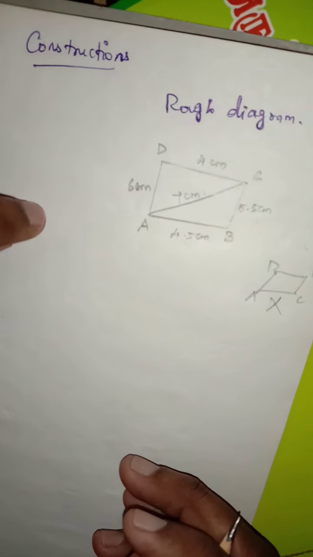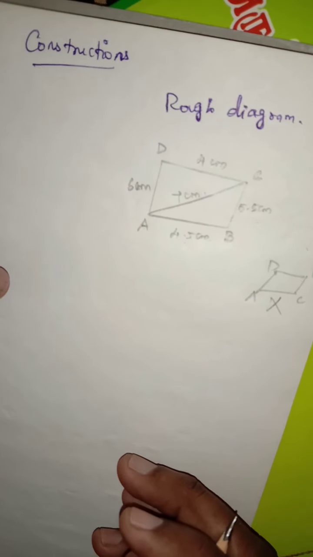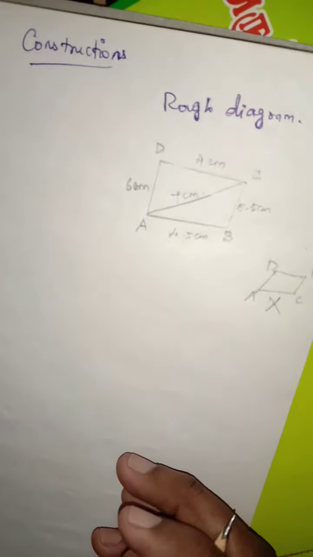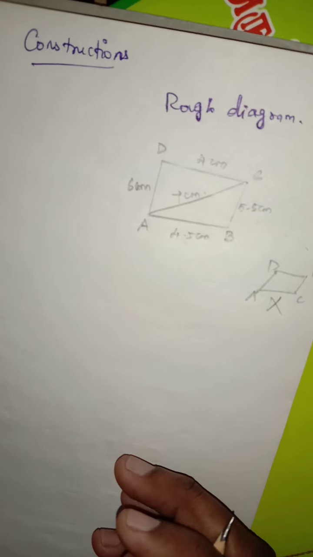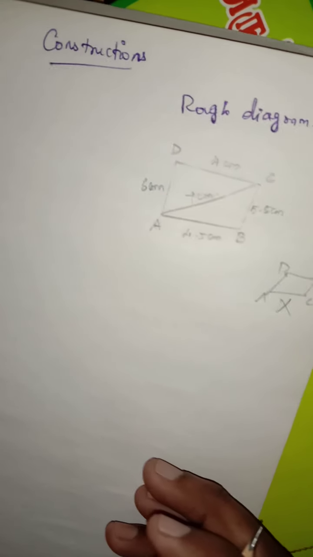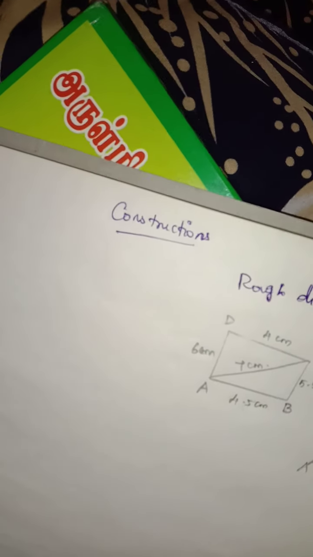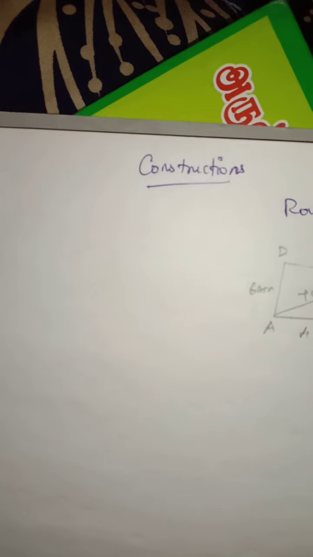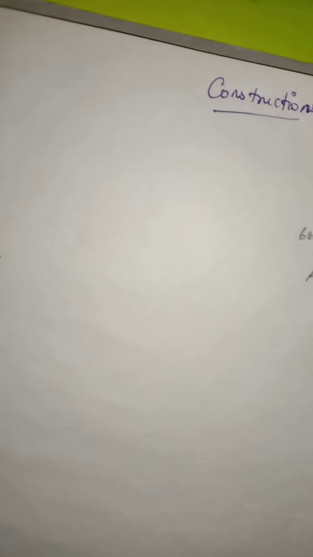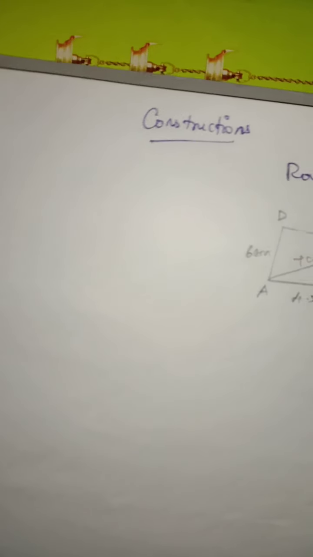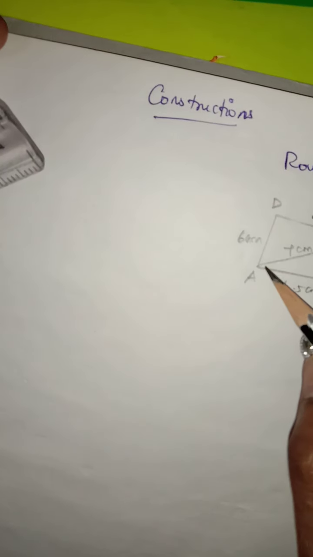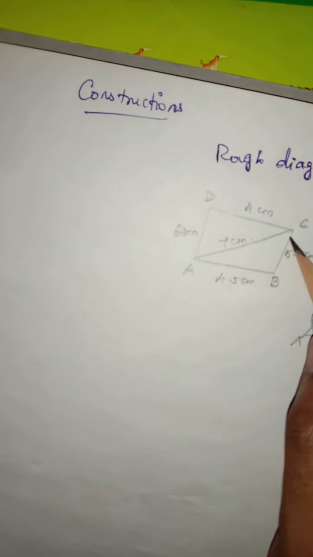Take the diagonal as the base, then it will be easy for you to construct the quadrilateral. If you want to take something else, no issues, but if you take the diagonal as the base, it will be very easy. We know AC is the diagonal, right? So I am taking AC as the base.